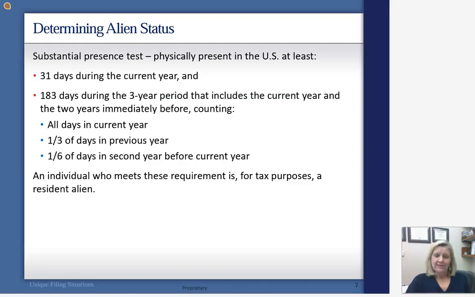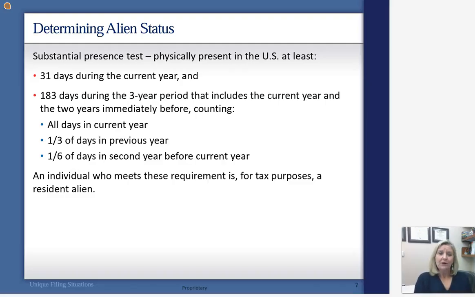Sometimes this is really simple. In the last few years, we have done some tax returns for some citizens of Ukraine that have come to the United States, and they were able to get work visas, and so of course they needed to get their tax returns done.